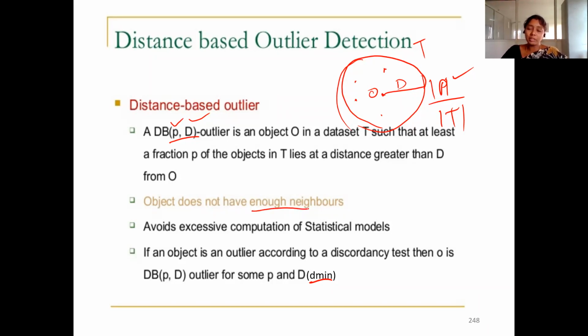Suppose O is there and only one object is near it, and all remaining objects are far away. I can say that O is an outlier. Why? Because it doesn't have enough neighbors.